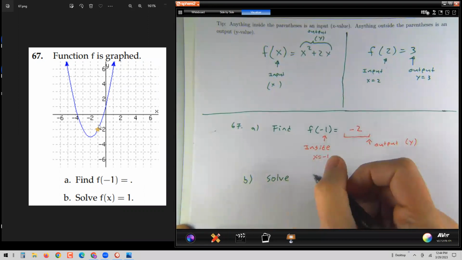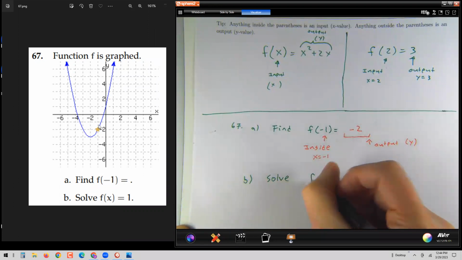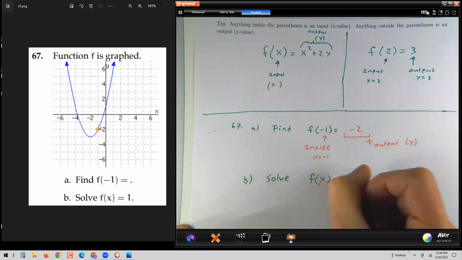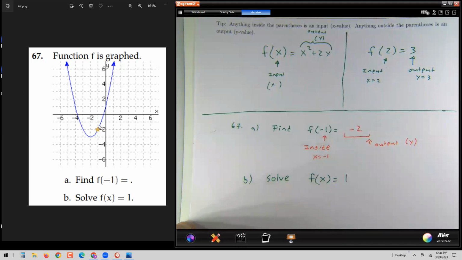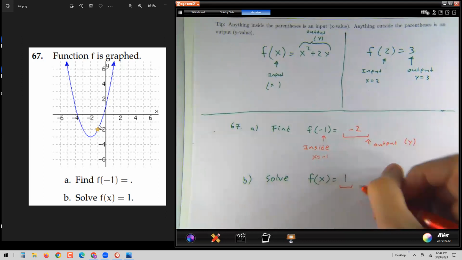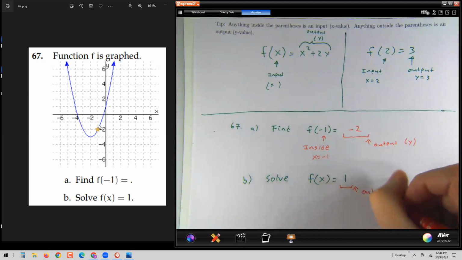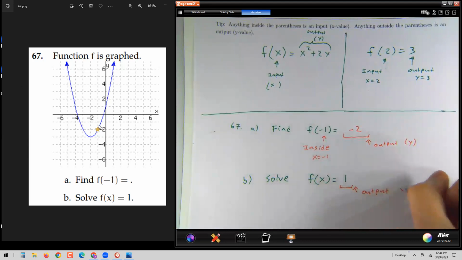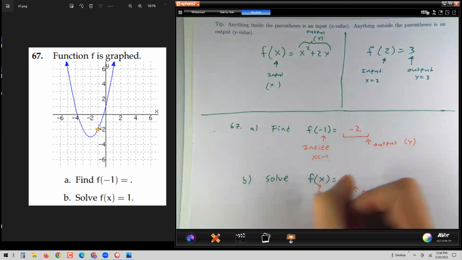Solve typically means like solve for x. F of x equaling 1. While this 1 that they're giving me is not on the inside, it's on the outside. So this is an output or a y value. And the thing that they've not given me is they've not given me the input.